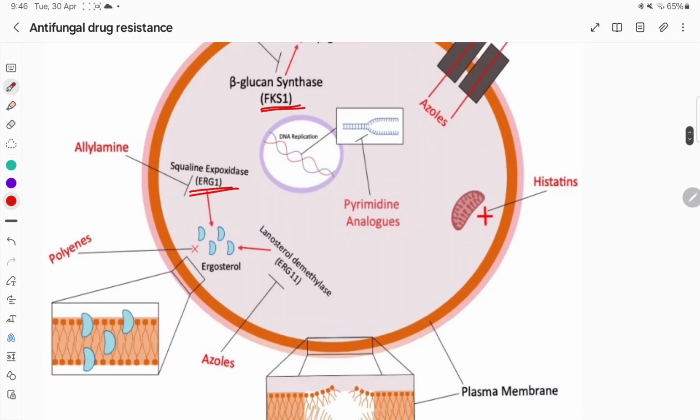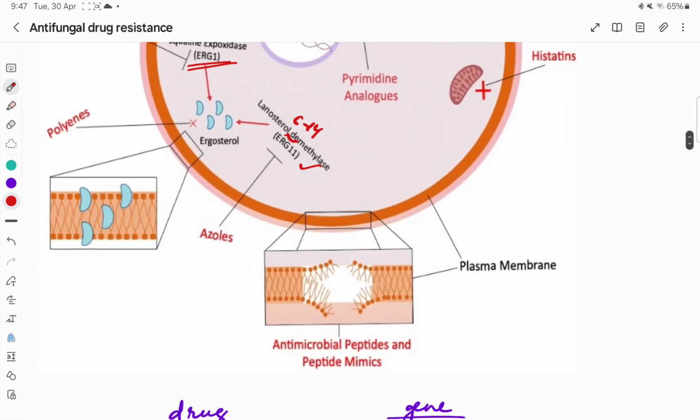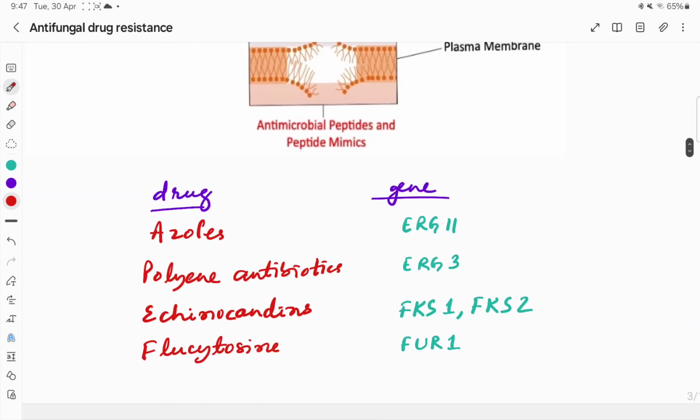Similarly, the azoles inhibit the enzyme lanosterol C14 demethylase, which is encoded by ERG11. So these gene mutations can alter the targets and hence can inhibit the actions of these drugs.